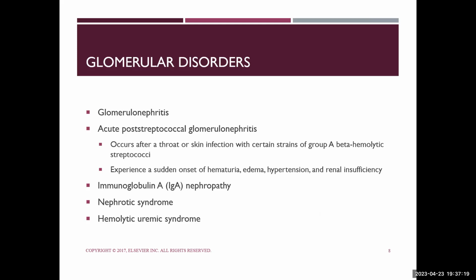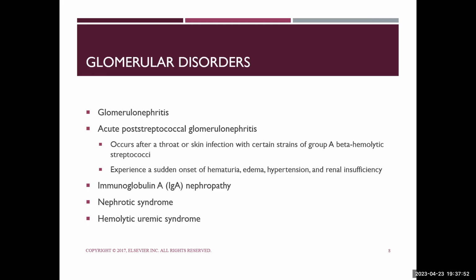These immune complexes, after they get deposited in the glomerular basement membrane, will initiate an inflammatory reaction in the glomerulus that involves activation and deposition of complement. The complement C3 protein in particular will get lodged in the glomerular basement membrane. This damages the podocytes.